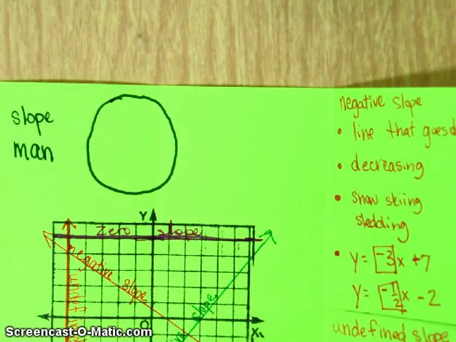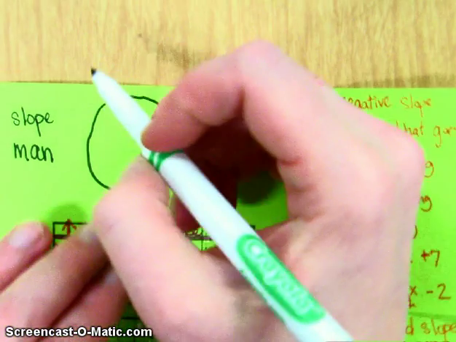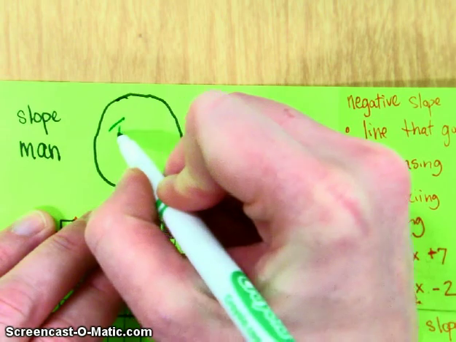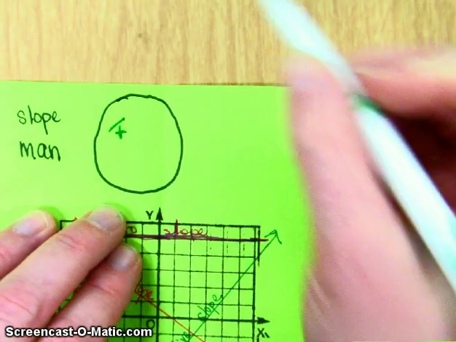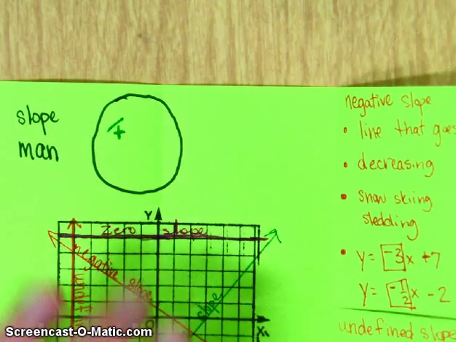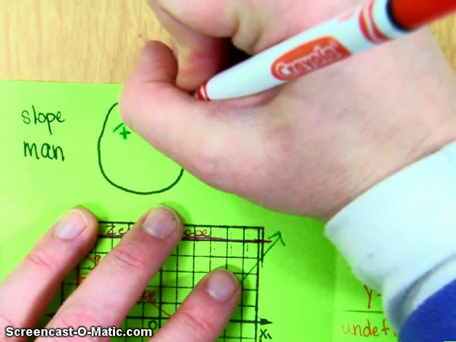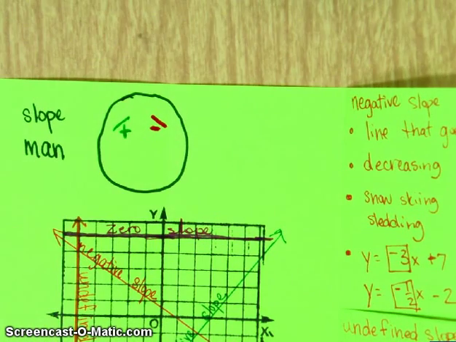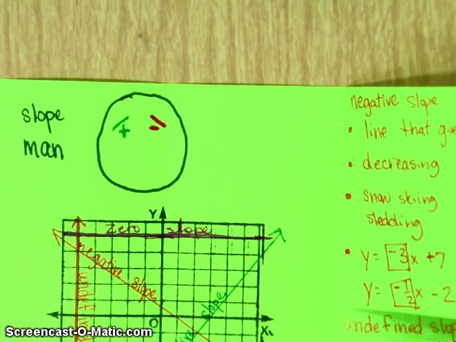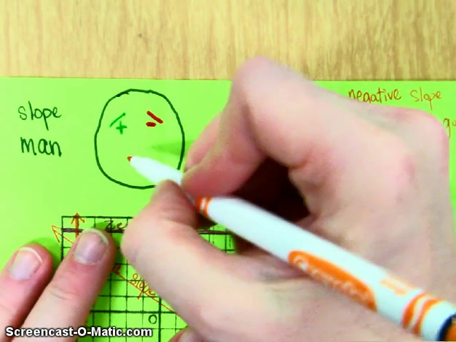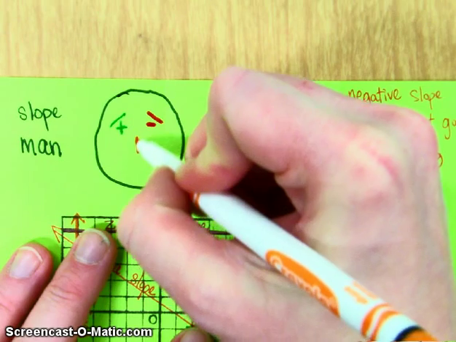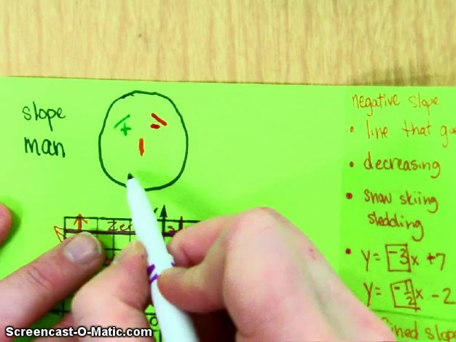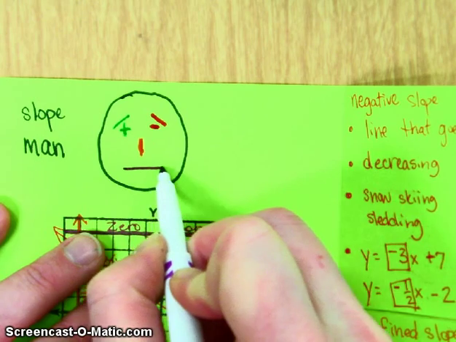So Slope Man has eyes, and there's his eyes with his eyebrows. He's got a nose. And he's not smiling.